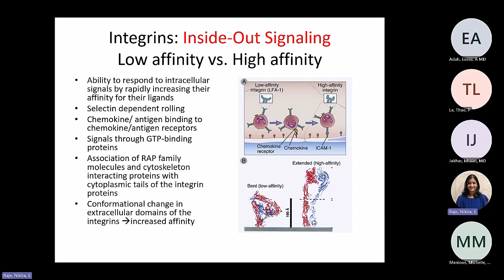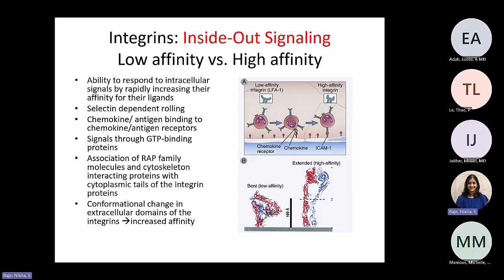All right, so this is a concept that's really important to understand. We talked about selectins, selectin ligands, integrins, integrin ligands, and chemokines and chemokine receptors. Now you have to know how there is interaction between those molecules. If you think about signaling, typically the concept is that the ligand binds to its receptor on the outside, and that leads to signaling on the intracellular or cytoplasmic side, and so there is an effect intracellularly.